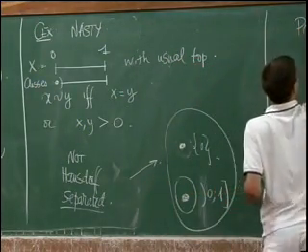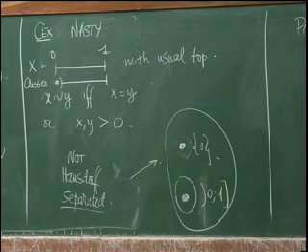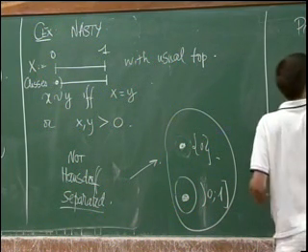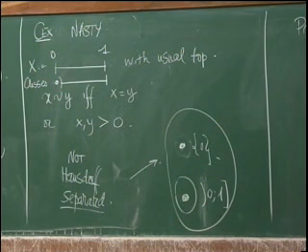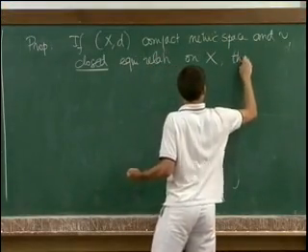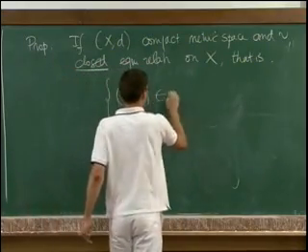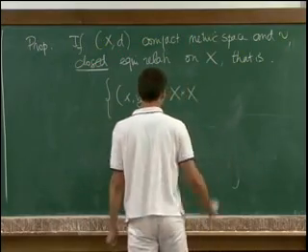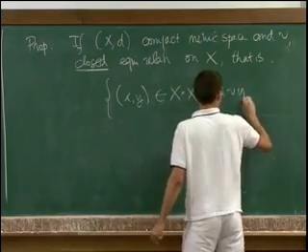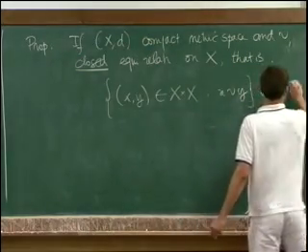Proposition: if (X, d) is a compact metric space, and tilde is a closed equivalence relation on X, meaning that the set of points in the product space which are identified is closed.